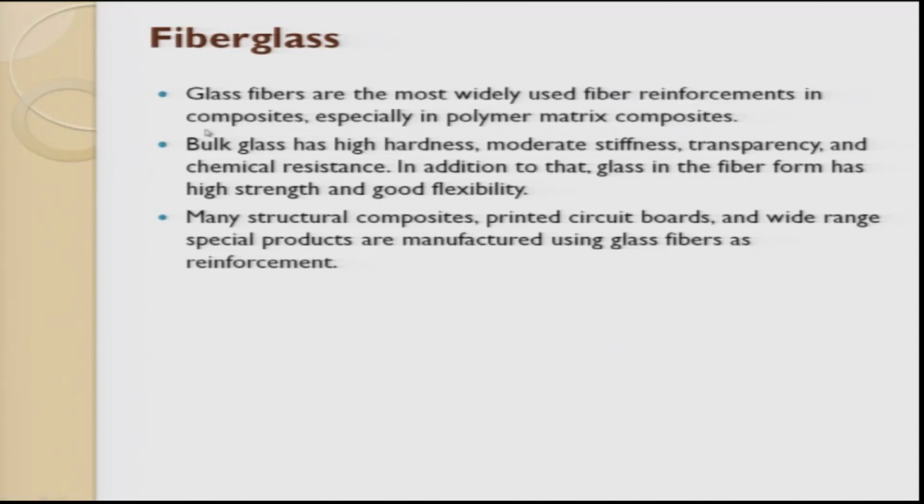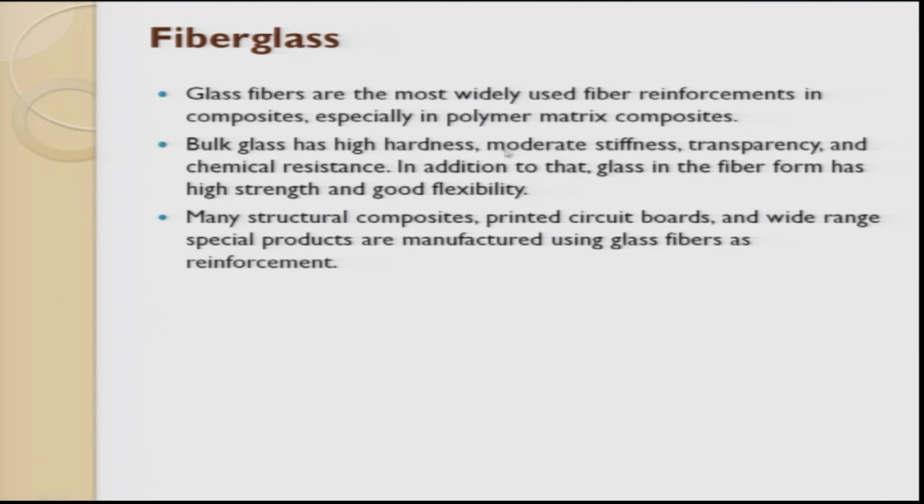It can be in a roving, in a sheet form, or in a three-dimensional form also. The bulk glass has high hardness, moderate stiffness, transparency, and chemical resistance. In addition to that, glass in a fiber form has very high strength and good flexibility. Because of this high strength and flexibility, glass fibers are used in polymer matrix composite.